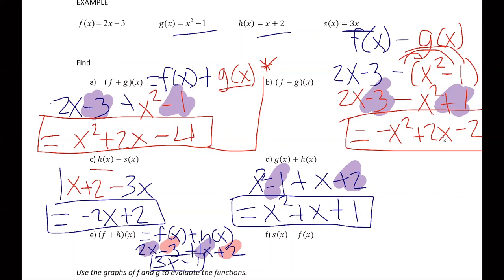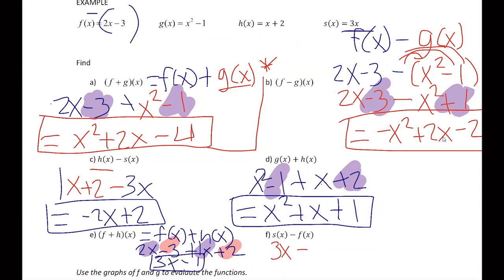For F, this is one of those subtraction ones. F is honestly a tough question. So you would have s of x is 3x minus f of x. When you subtract, you want to change the signs. It's up to you because it's minus this.